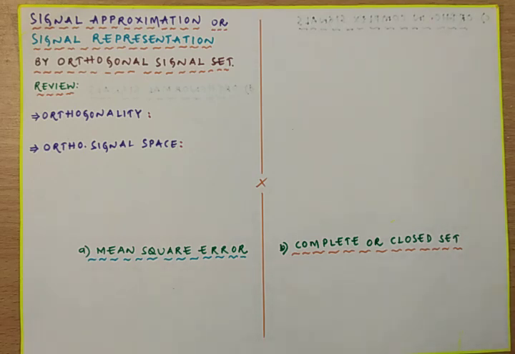Orthogonality is nothing but when two signals are perpendicular to each other, then those two signals are named orthogonal signals.